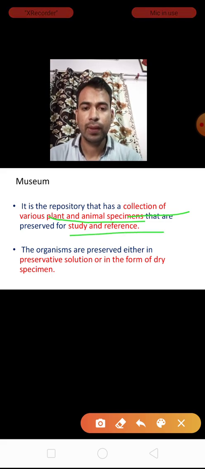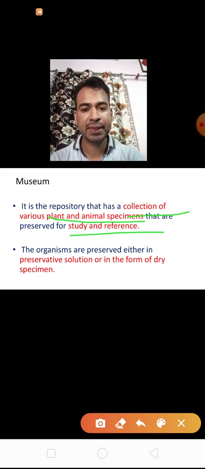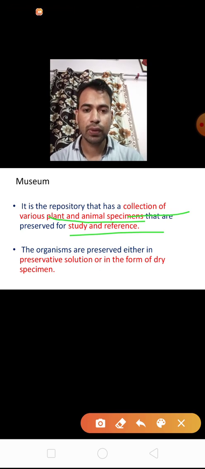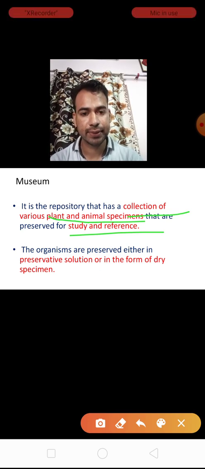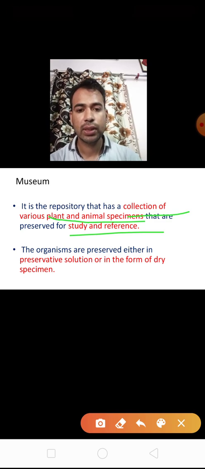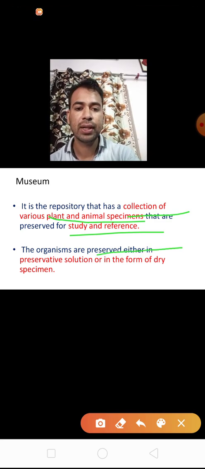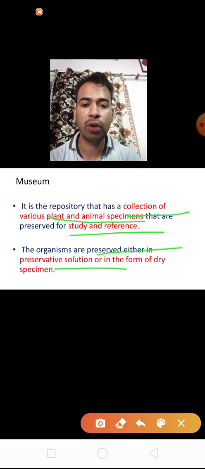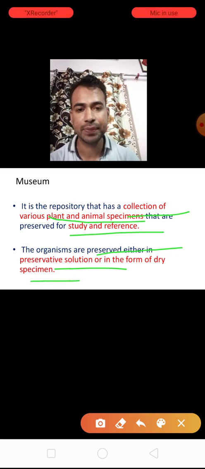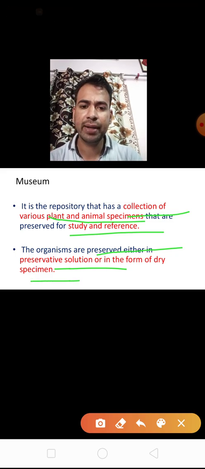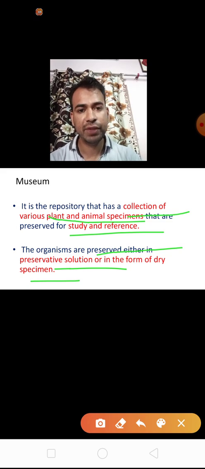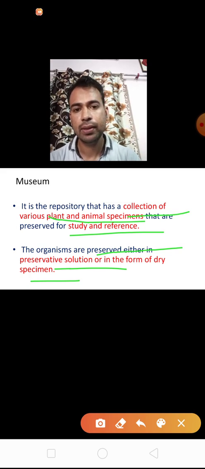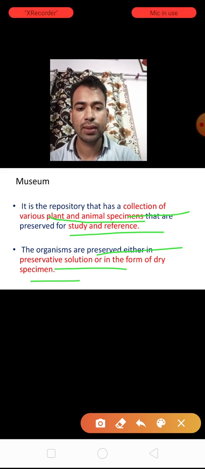The organisms are preserved either in preservative solution or in the form of dry specimens. Basically, a formaldehyde solution is there in which an animal can be preserved. Clear?